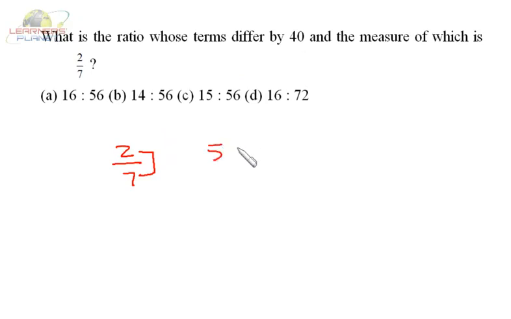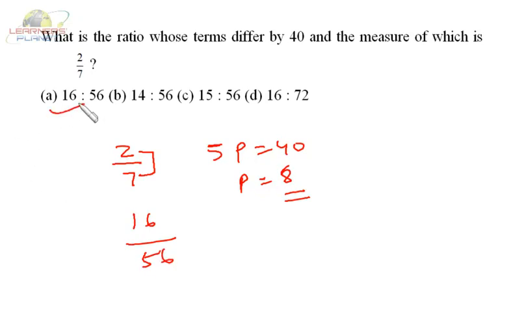That means 5 part is equal to 40. If 5 part is 40, the 1 part will be 8. Okay. Now then 2 part will be 16 and 7 part will be 56. So 16 is to 56 is the correct choice. Okay friends.